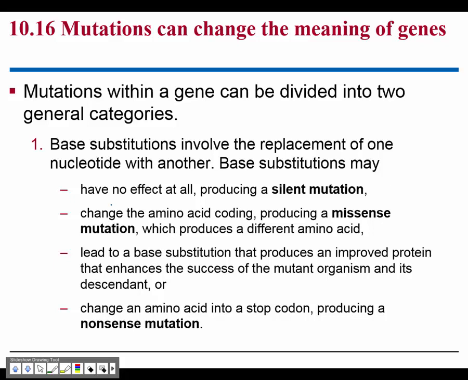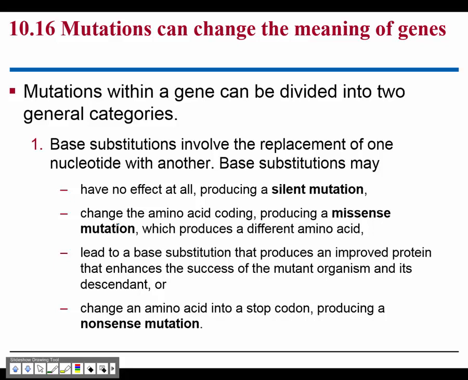When we change the amino acid coding, producing a missense mutation, it creates a different amino acid. And base substitution can also produce an improved protein that enhances the success of a mutant organism. That doesn't happen very often, but it does happen.